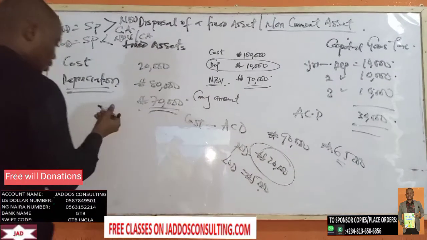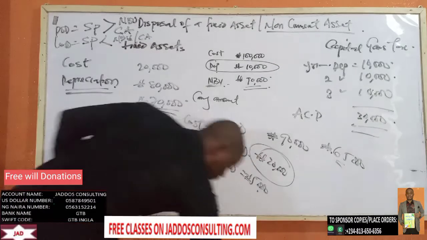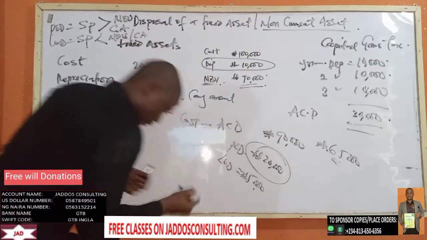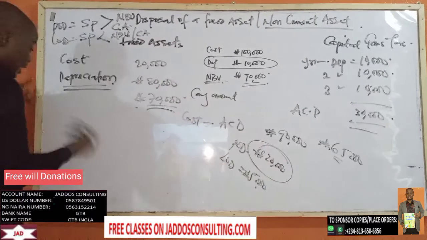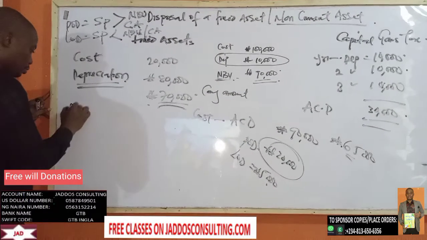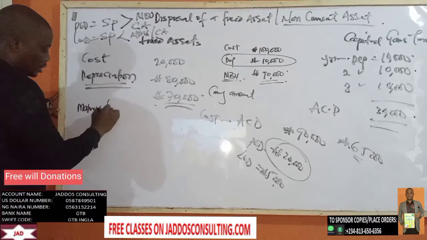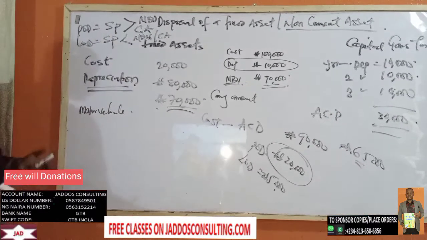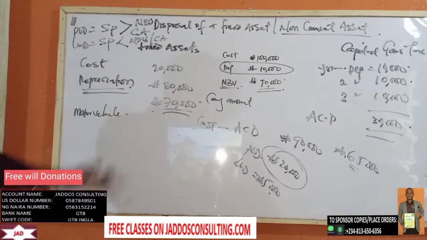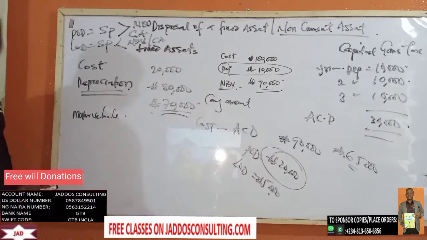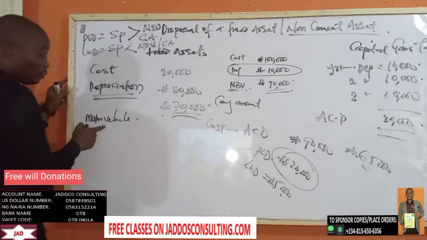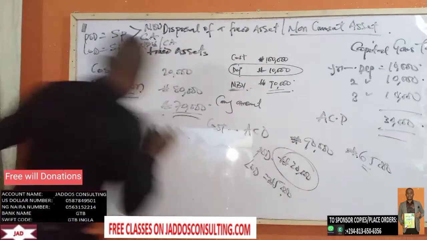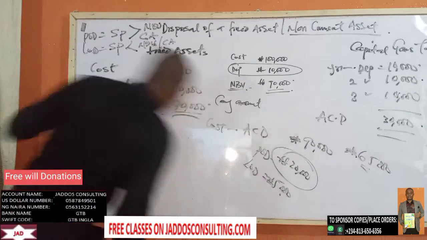We have an asset, let's say a motor vehicle. You know, when you purchase a motor vehicle, you're crediting cash and debiting motor vehicle, right? So apparently, your motor vehicle is having a debit. So let's start with the purchase. Let's buy the motor vehicle now.